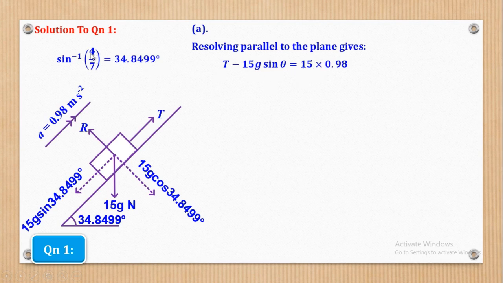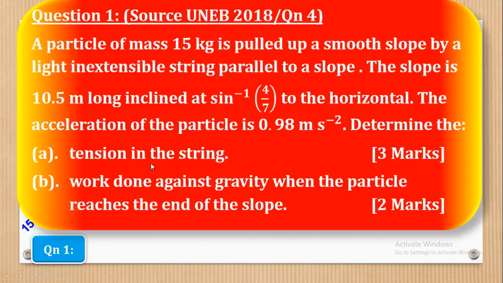Now we know that sine theta is equal to 4/7, so we shall come and substitute for sine theta and substitute for g. Then when we make T the subject, we come up with T being equal to 98.7 newtons. So basically that's what they wanted in part A.